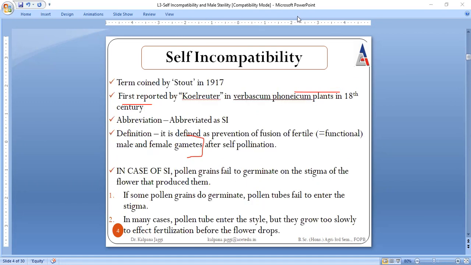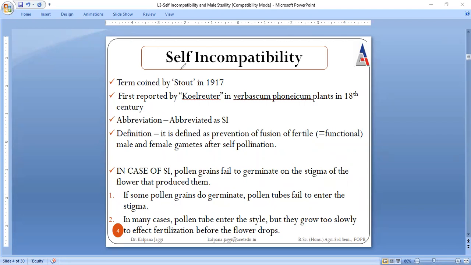Now, self-incompatibility. This term was given by Stout in 1970, and for the very first time it was reported by the scientist Carl Reuter in the species Verbascum phoeniceum in the 18th century.